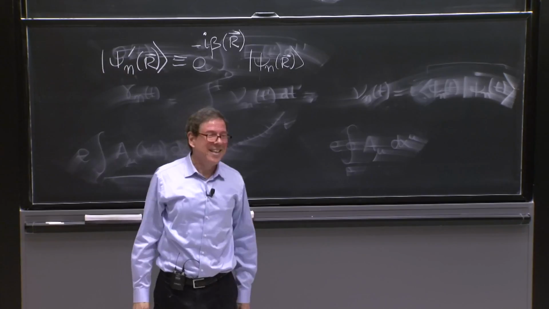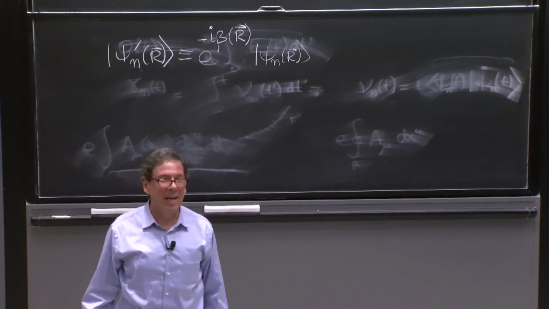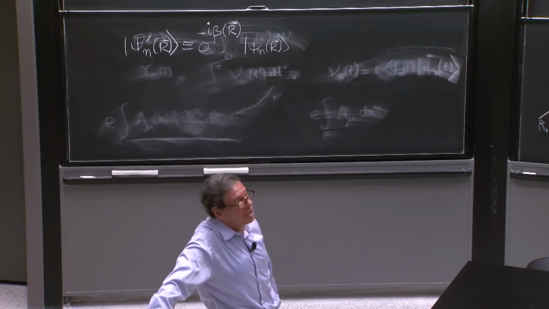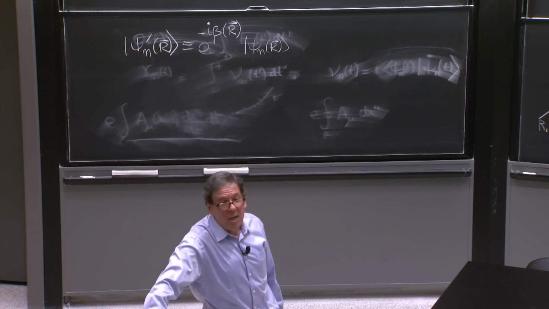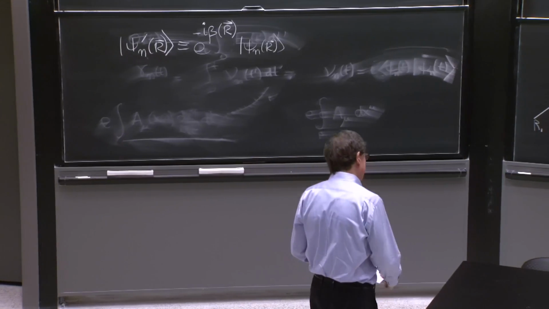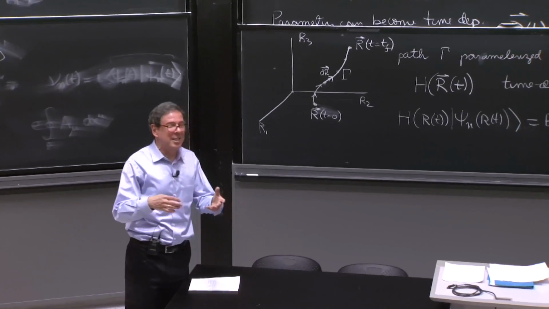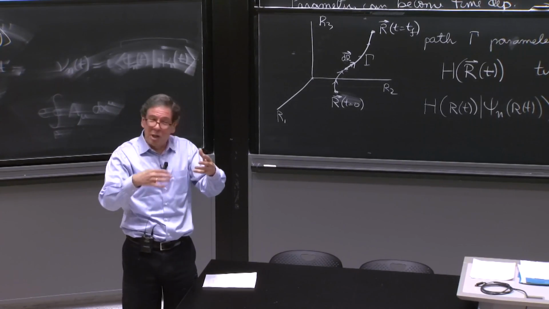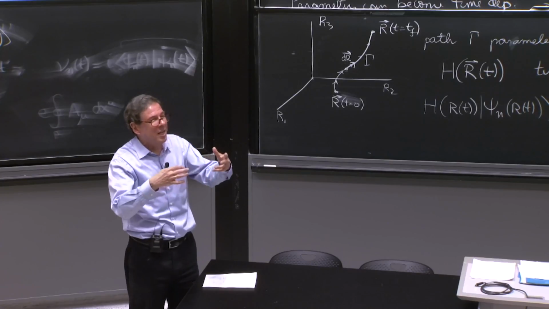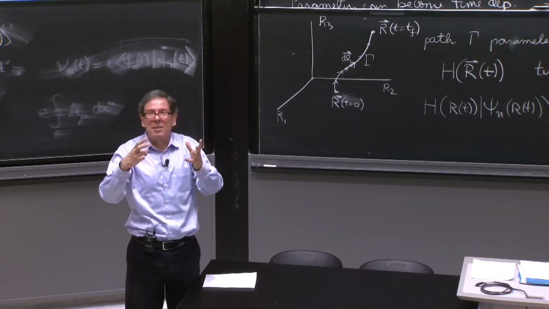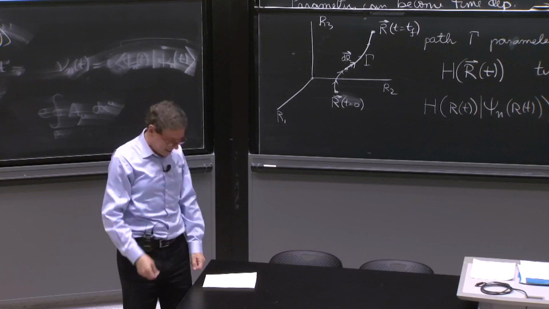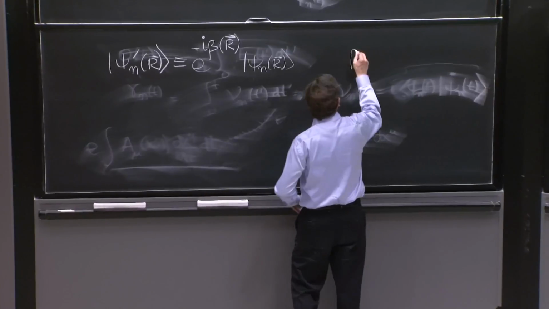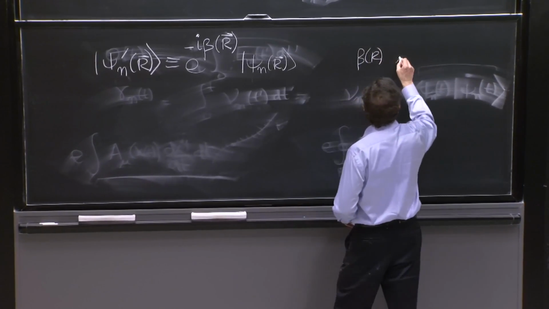Yes, I want the states to be normalized, and I want them to be orthonormal, and all that is not changed if I put a phase. So this is the funny thing about quantum mechanics. It's all about phases and complex numbers, but you can, to a large degree, change those phases at will, and whatever survives is some sort of very subtle effects between the phases. So here I put the i, and beta of r is real.